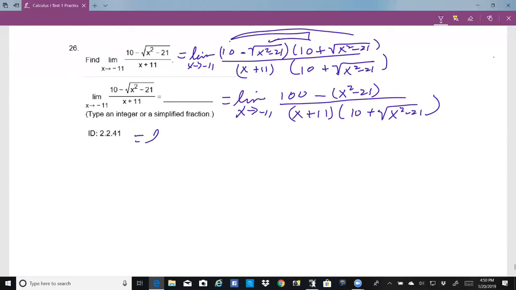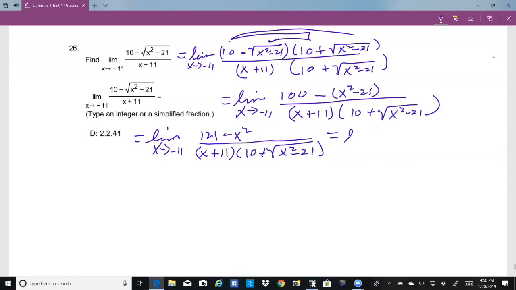And this is equal to the limit. X approaches minus 11. And this will become 121 minus x squared over x plus 11 times 10 plus the square root of x squared minus 21.